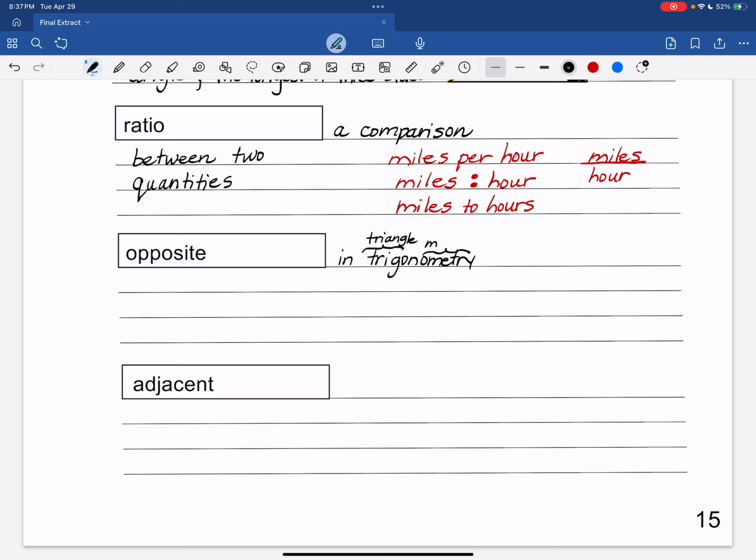Metry means measure. So when you're measuring triangles, the opposite is the leg.